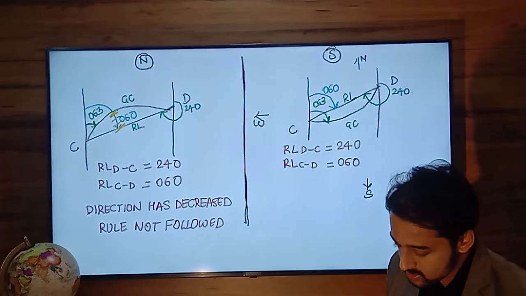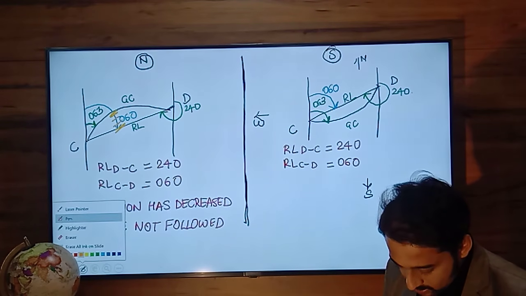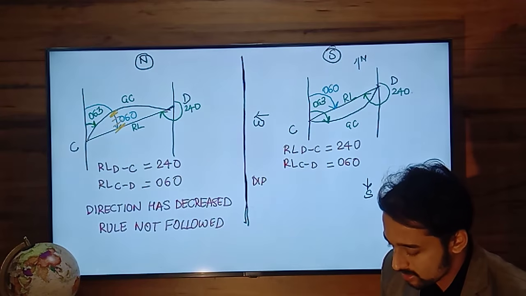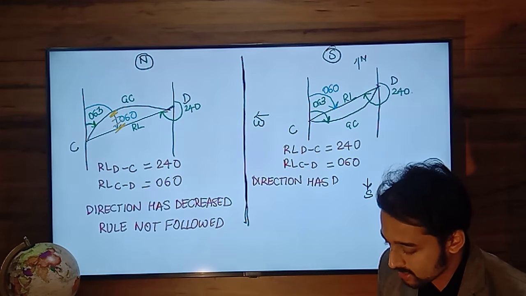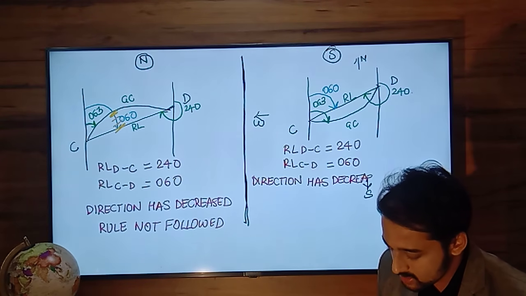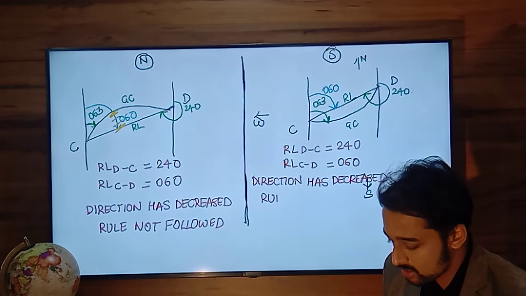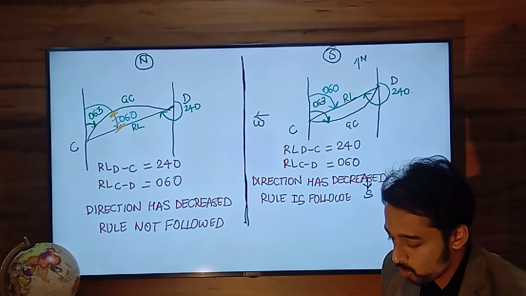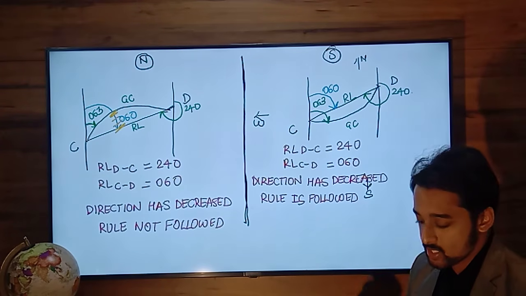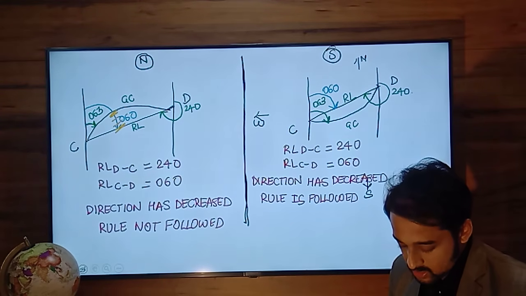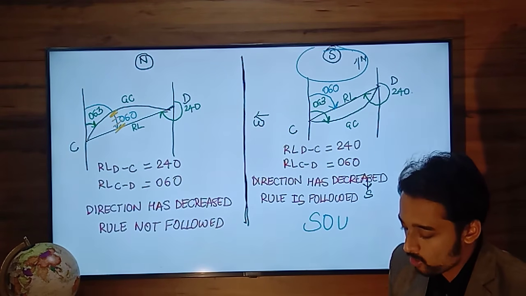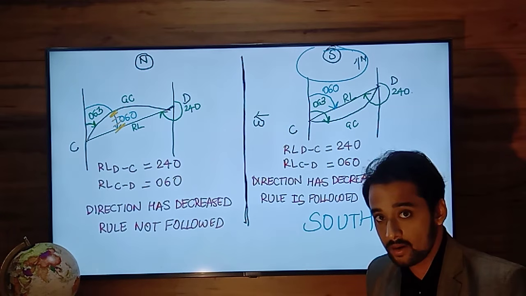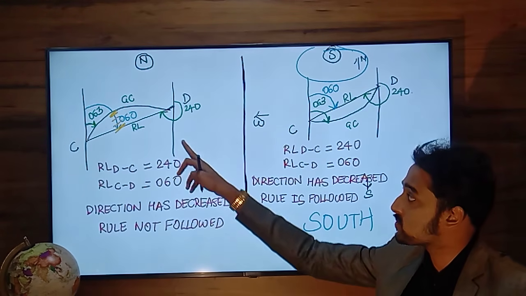That means the direction has decreased between great circle and rhumb line, correct? So the rule is successfully followed in this case. That means both points Charlie and Delta are situated in the southern hemisphere and not in the north hemisphere, because we have checked both sides.